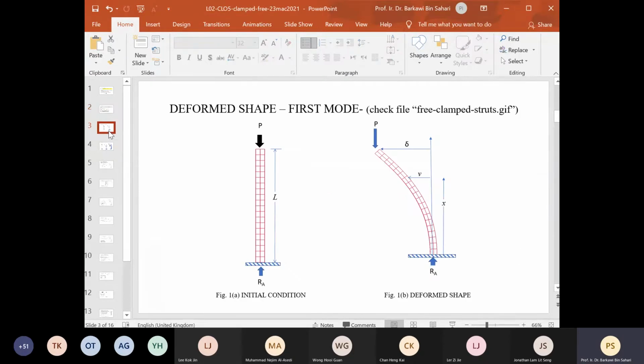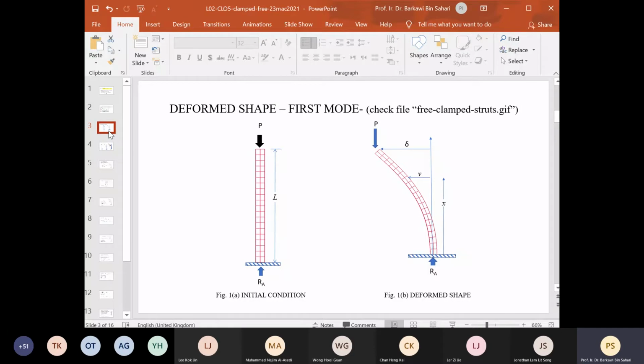Now let's look at the deformed shape of the column. Call it figure 1. Figure 1 shows the initial condition, either before P is applied or when P is less than critical. So the column is still upright and P is applied.